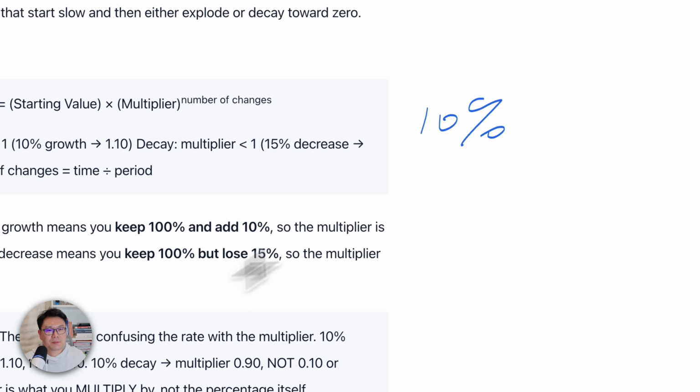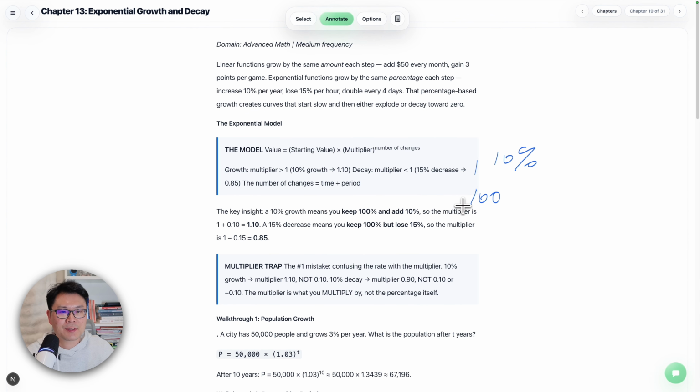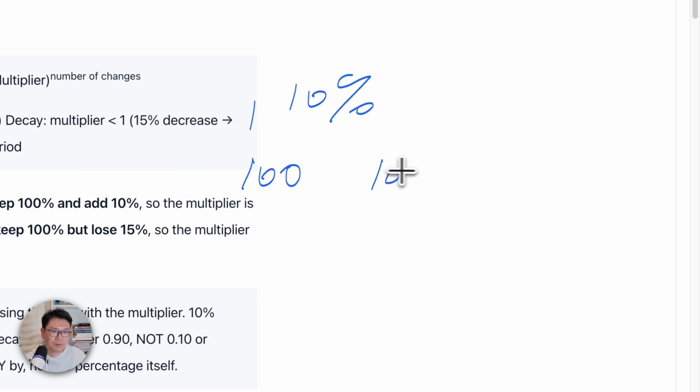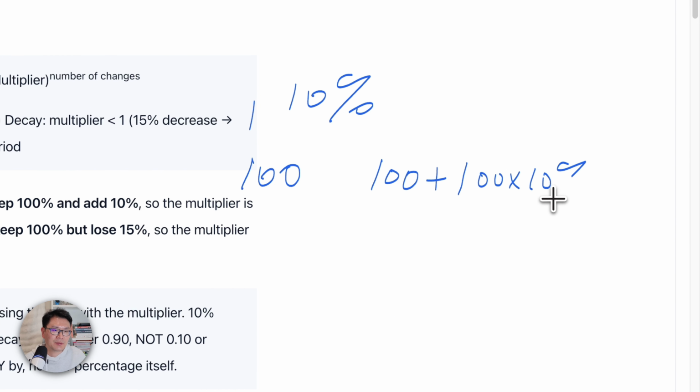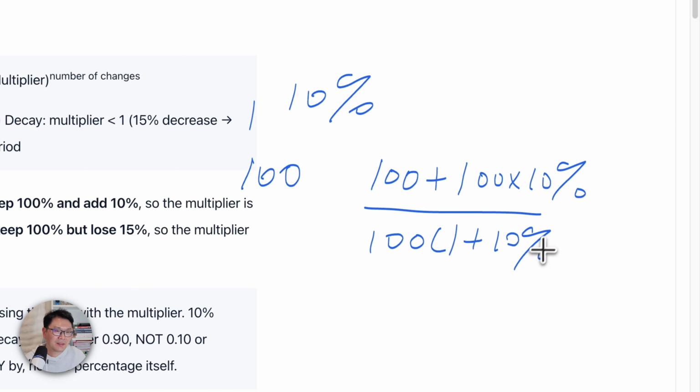Suppose you have 100 people the first year, and then it grows another 10%, so you have 100 plus 100 times 10% added on top. So you're going to get 100 times (1 plus 10%) to the power of 1.